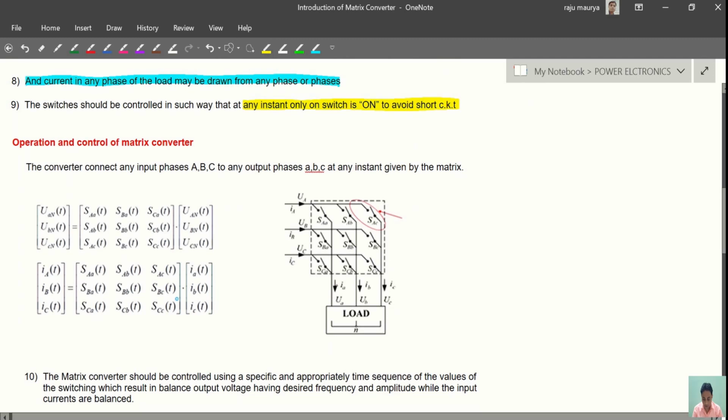Now, operation and control of the matrix converter. Suppose we want phase A as an output, so we switch on or close SAA. That means this phase comes here. Now if we want phase B to come here, then we close switch SBA.